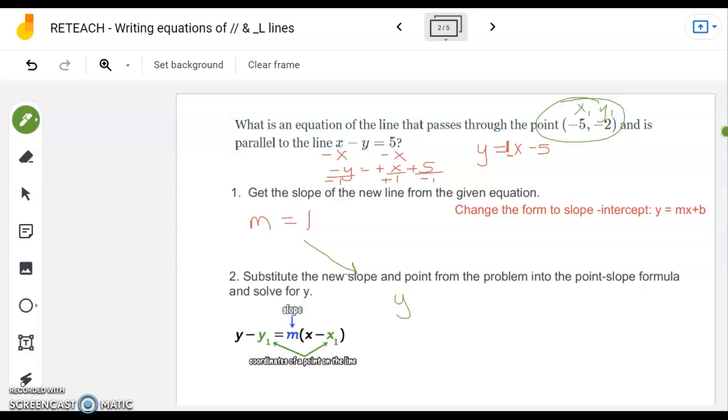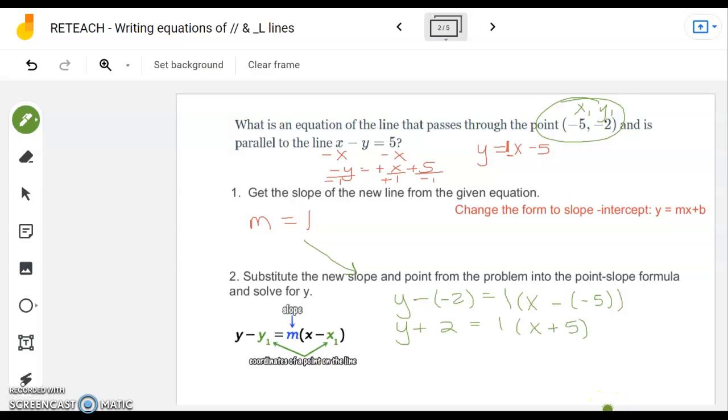So I have y minus y1, and y1 is -2, equals m, I'm using the m here, and that's going to be 1 times x minus x1, which is -5. I do need to clean this up a little bit because I see some double negatives, and double negatives turn to positive. So it's going to be y plus 2 equals 1 times x plus 5.